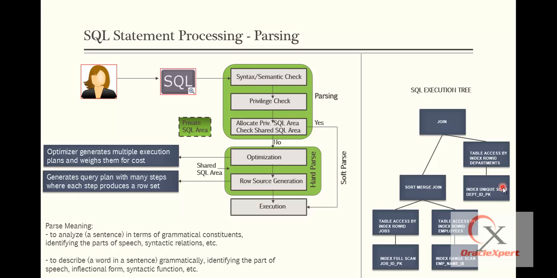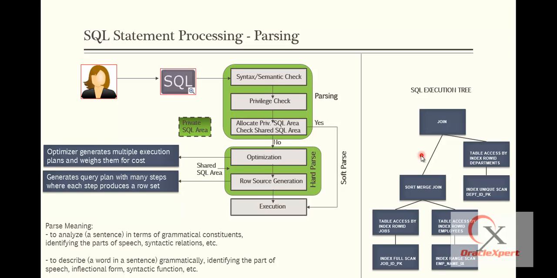first of all, this SQL execution tree was given to me by the row source generator, which is a collection of steps, and each step would produce some row set. Now because of the indentation that we had there, the most indented step is this one, index range scan. That's what I am showing here.